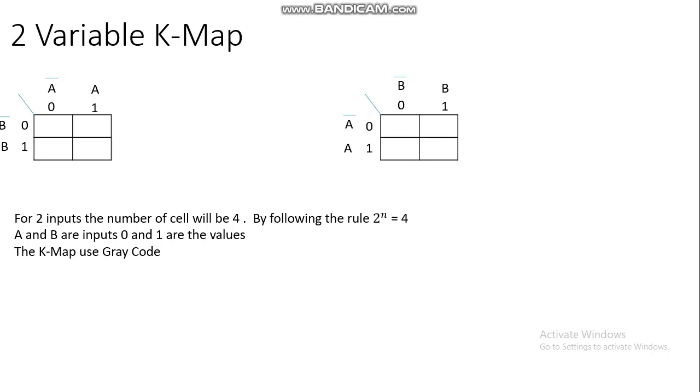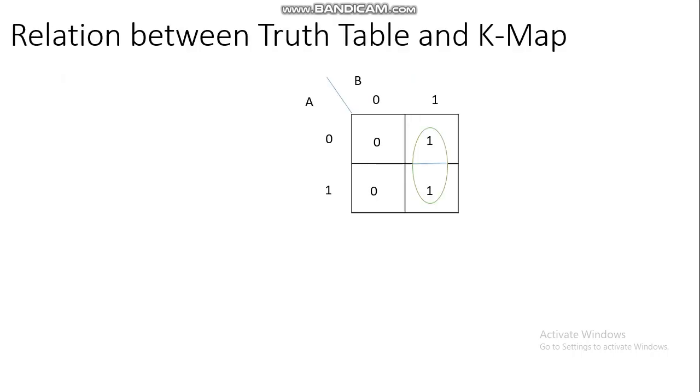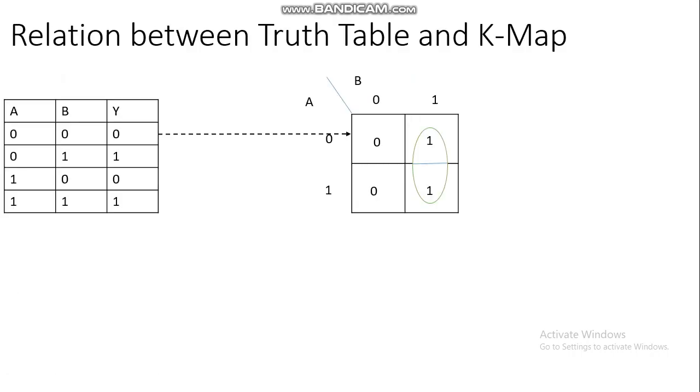Also K-map uses the Gray code. Though it looks like a matrix, while inserting the values Gray codes are used. It is very important to understand the relation between truth table and K-map before we start higher level K-map creations. So the dotted arrows are representing the input values in a corresponding cell with respect to the input and output values.